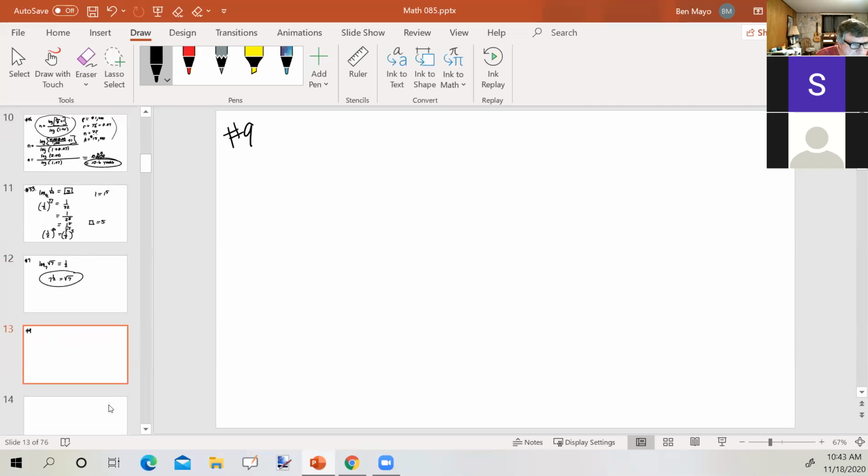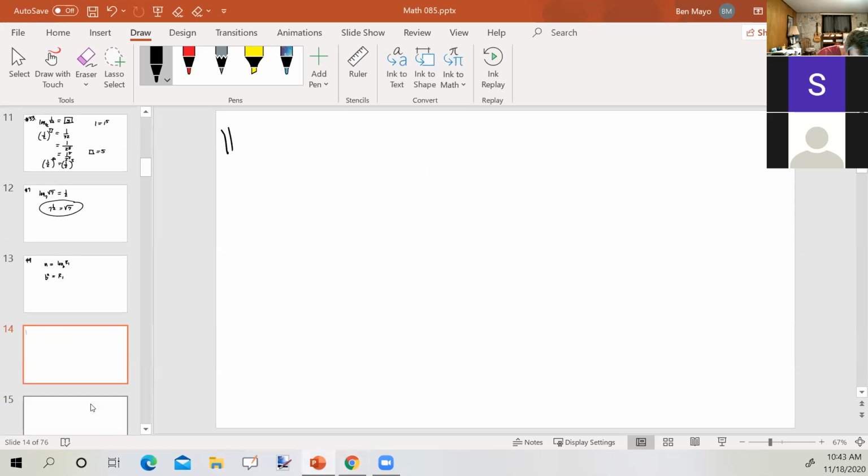We have n equals log base b of r sub 1. So the base is b, so this would be b to the n power equals r sub 1. Okay, any questions there?